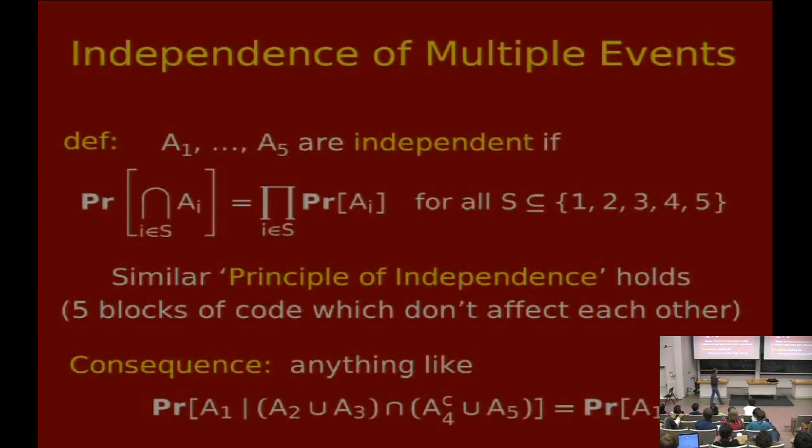Like this fact says that if A1 through A5 are independent, then conditioning on either A2 or A3 holding and either A4 not holding or A5 holding doesn't change the probability of A1. So for any event that involves A2 through A5, conditioning on it does not change the probability of A1. That's something you can deduce if they're all independent. Does that make sense? Any question about that?